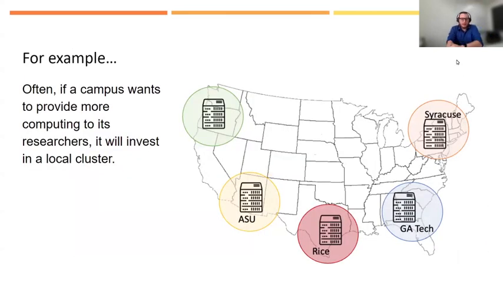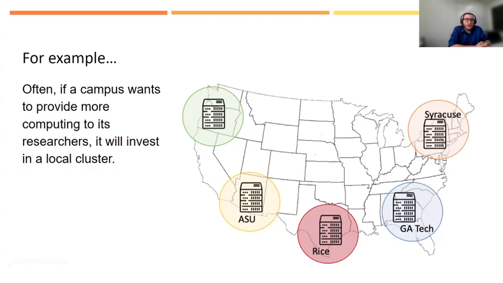So the idea here is that campuses and institutions have spent a lot of money in their own research in developing and investing in local compute clusters. So, universities, Syracuse, San Diego, University of Wisconsin-Madison, they all have put millions of dollars into buying hardware and the infrastructure and the personnel to operate their own research computing.